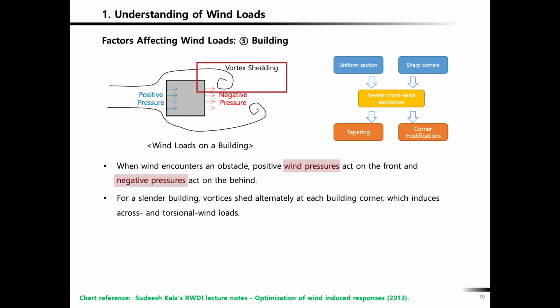If you have a sharp corner like this, it's not good, so that this vortex is shed alternately at each building corner.